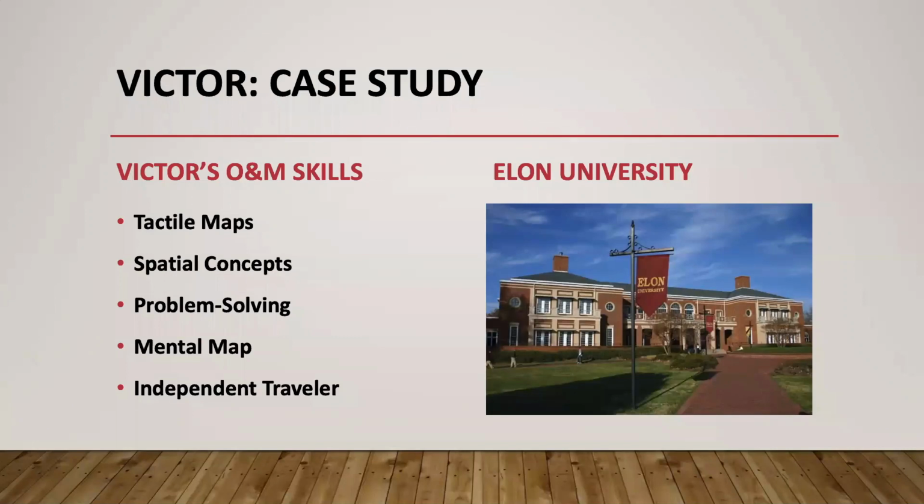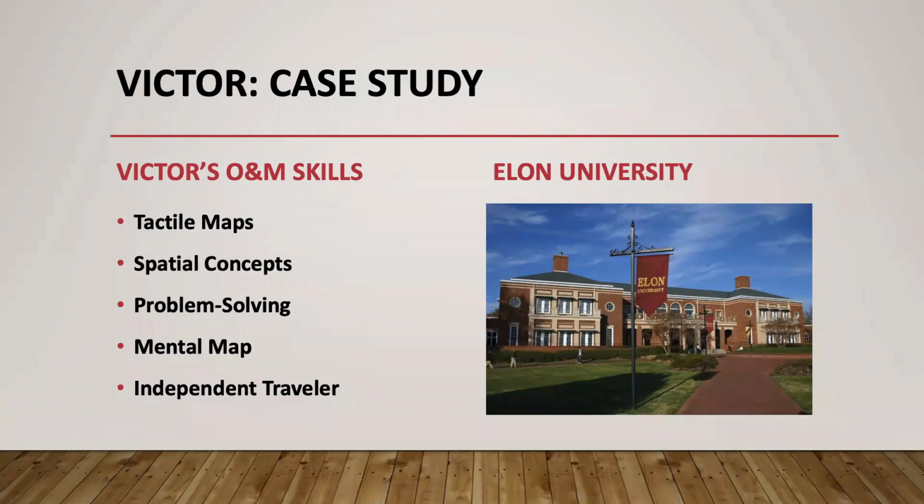Like most students transitioning to college, Victor's very tech-savvy. He is an independent traveler on his high school campus and in his community, and he has solid cane skills. His foundation orientation skills include tactile maps, spatial skills, problem solving, the ability to build a mental map.